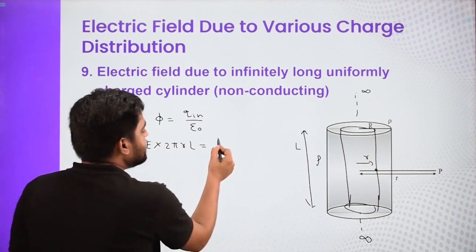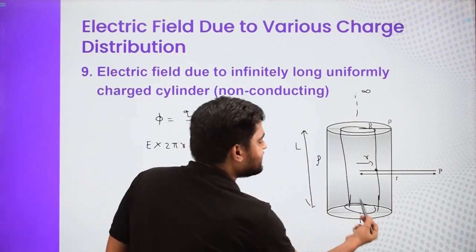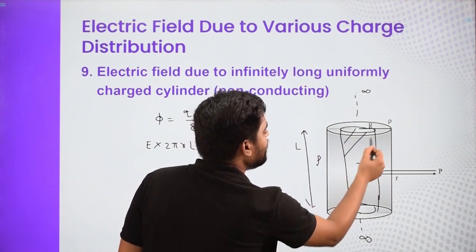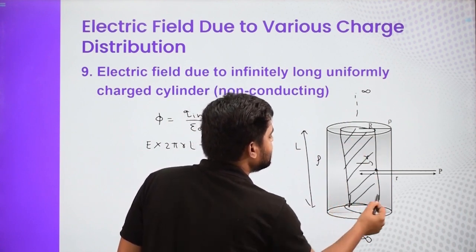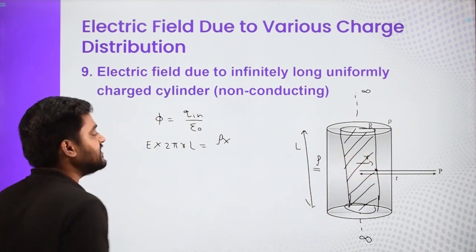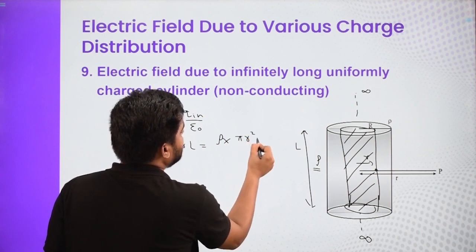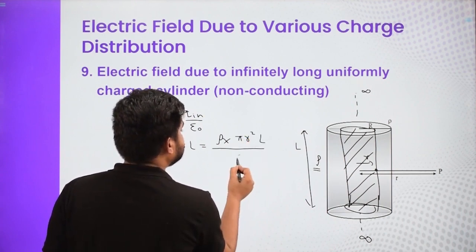So that is volume charge density into volume. How much is the volume of this cylinder? Whatever is the volume of this cylinder, when I multiply this volume with rho, I will get the charge which is lying inside our Gaussian surface. So volume of that cylinder is pi r square into L, divided by epsilon naught.